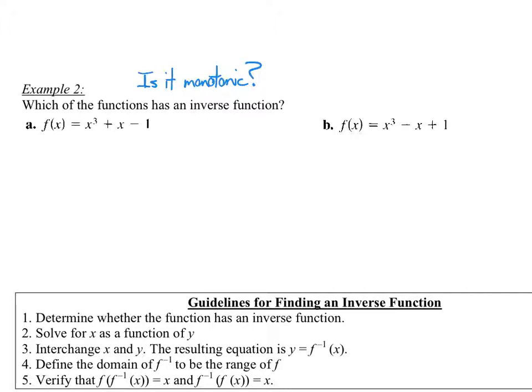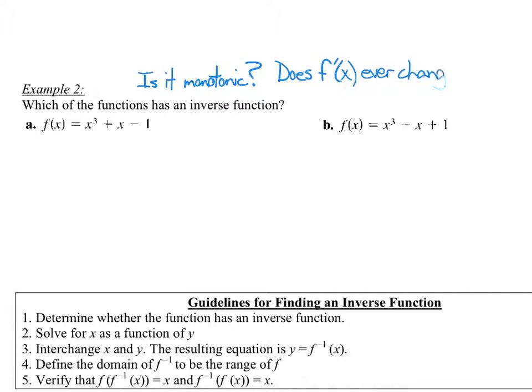If the derivative can either only be positive or only be negative, then it's monotonic. And really, to put it another way, does f prime of x ever change signs?